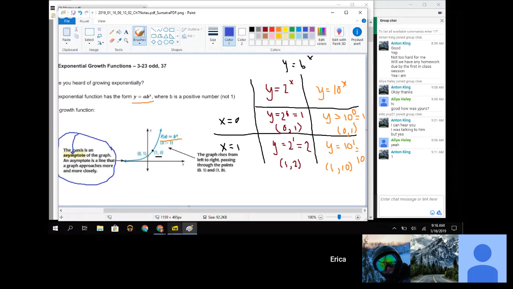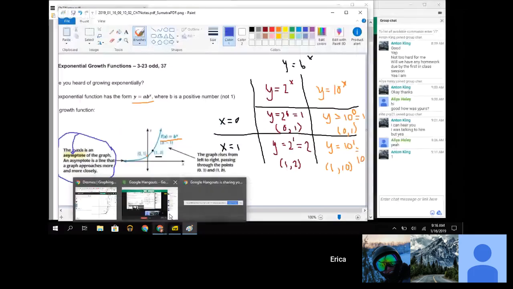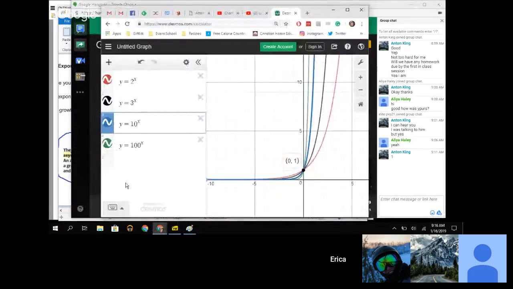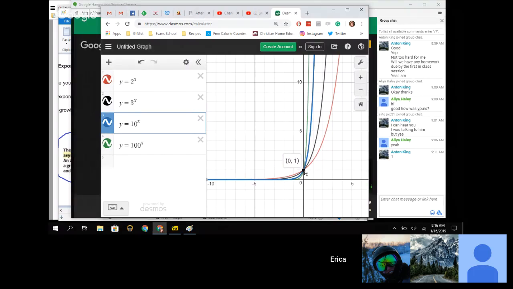So what that means is, let me go back to Desmos here. In my examples of my exponential functions, on the right-hand side, it's easy to see that these grow exponentially and they get really big really fast.